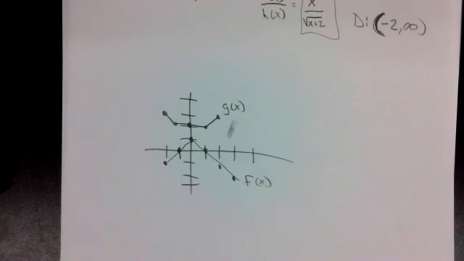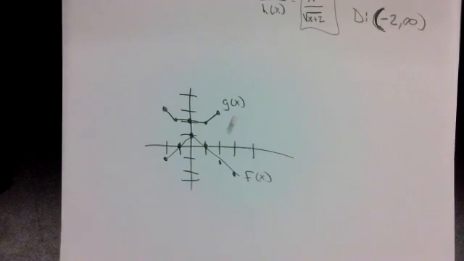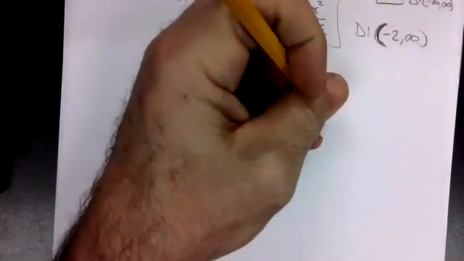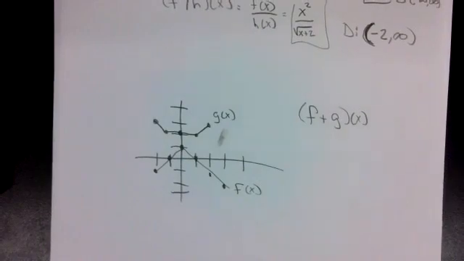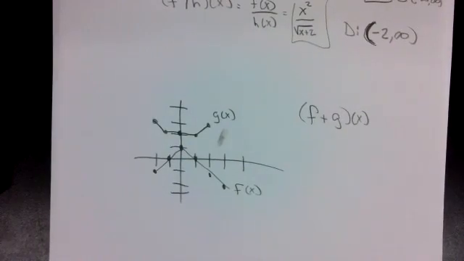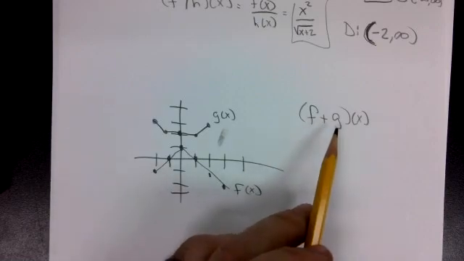If they happen to give you two graphs, like so, and they're asking for, say, the f plus g of x, you kind of do this point by point.